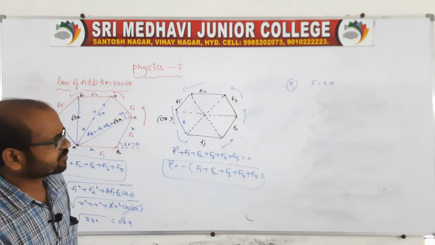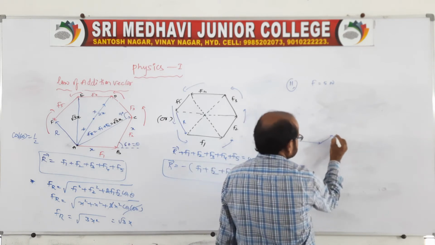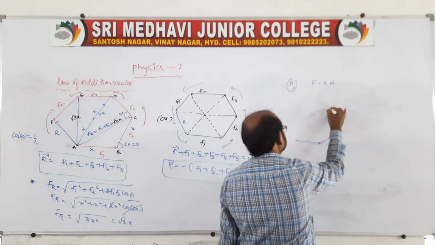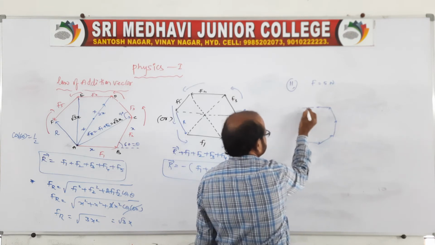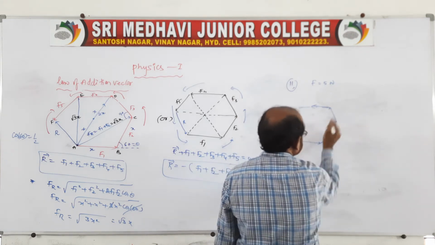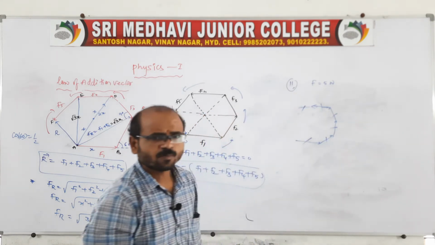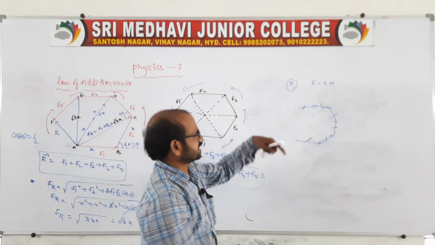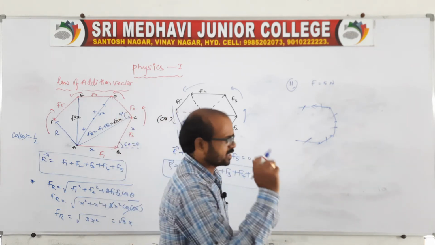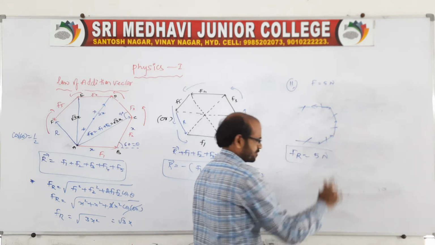See, suppose you form the polygon with 11 forces, like 2, 3, 4, 5, 6; here all the opposites are cancelled. Out of 11, 10 will be cancelled, then only 1 is left, therefore the resultant will be represented as 5 Newton. This is the way.